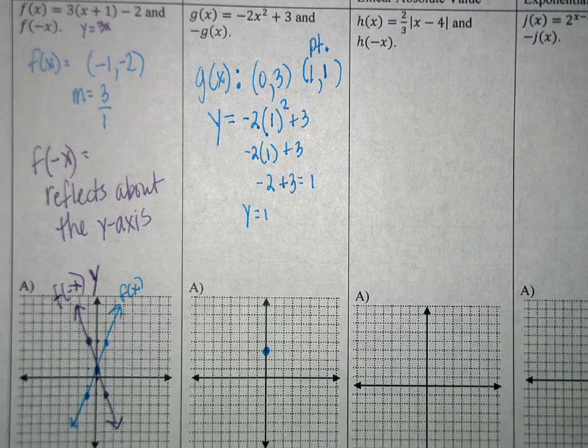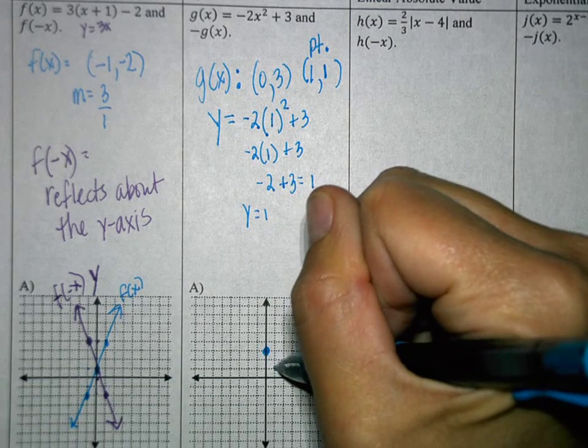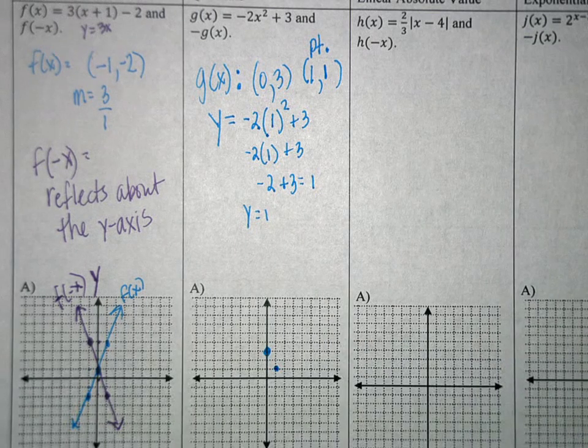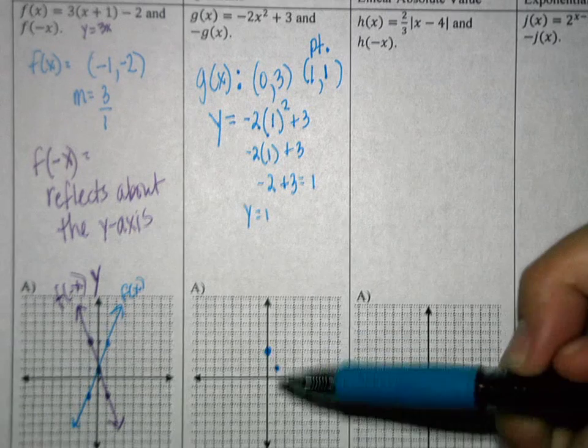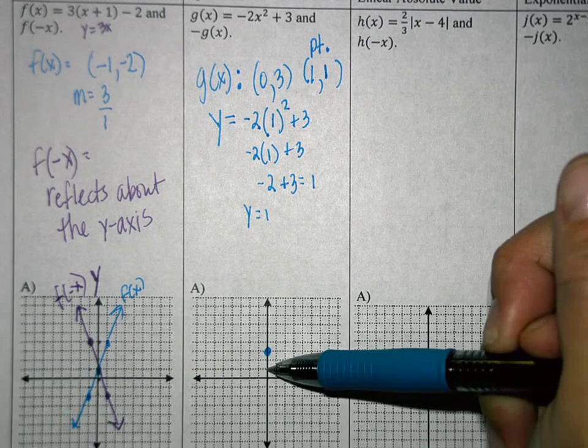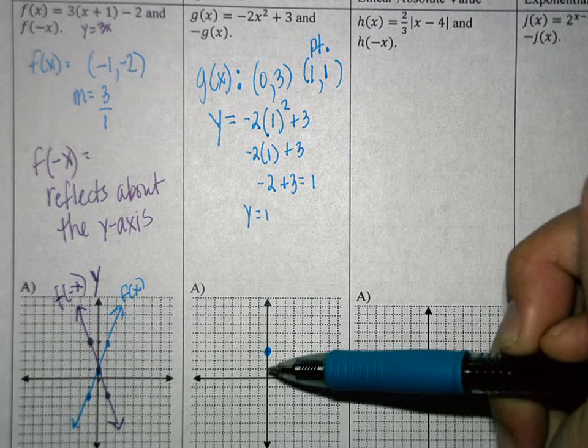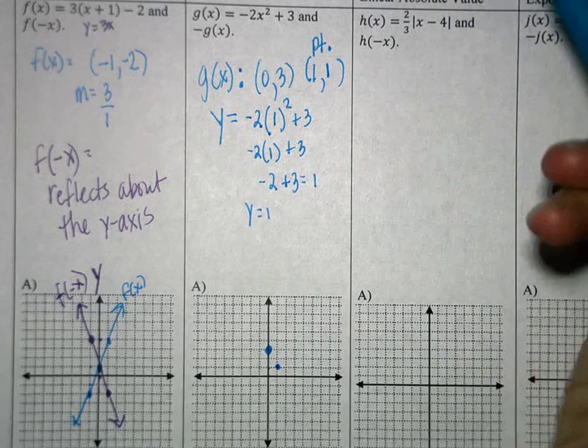Okay, so go to your graph, and we're going to go right 1, up 1 to make our point. And we know that with parabolas, they are what? Starts with an S. Very good. Symmetrical. So if this is 1 point away from the y-axis here, that means on the other side it is 1 point away.